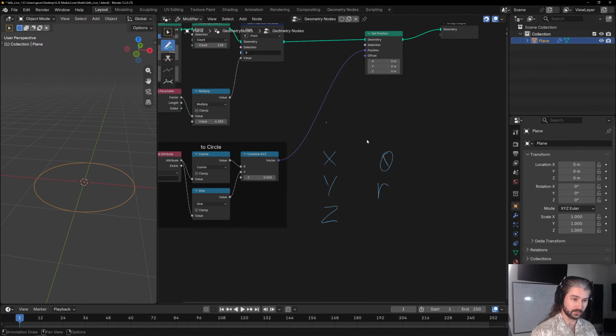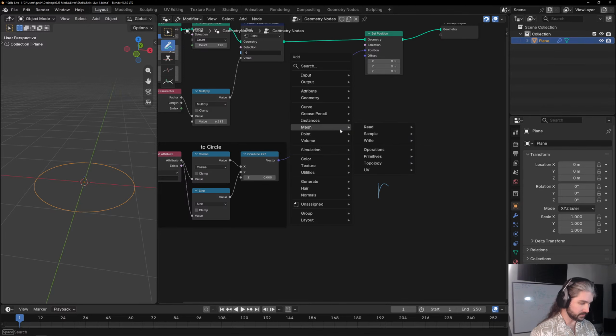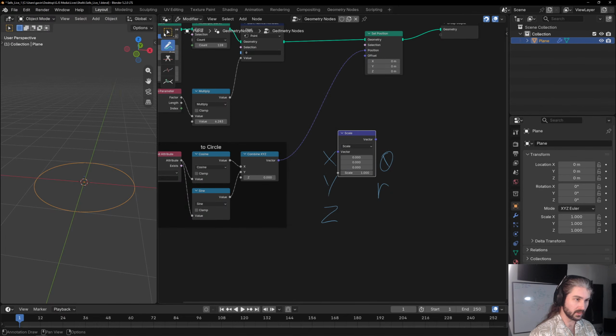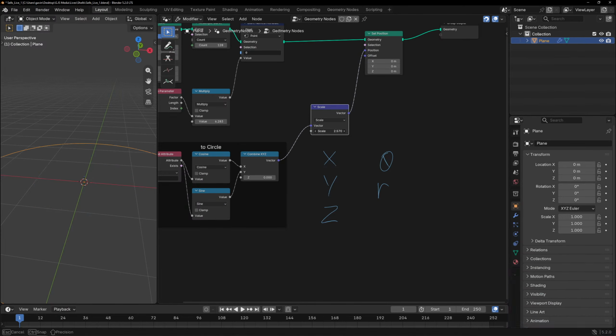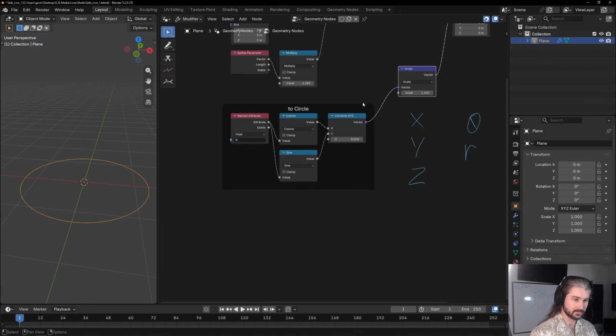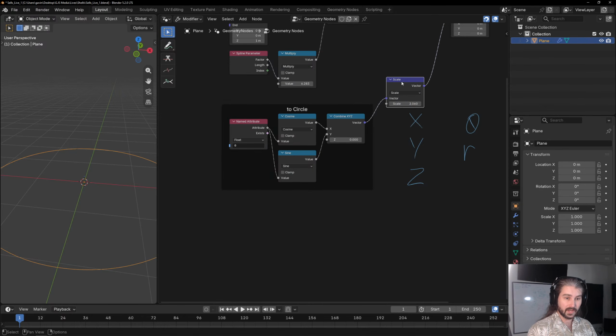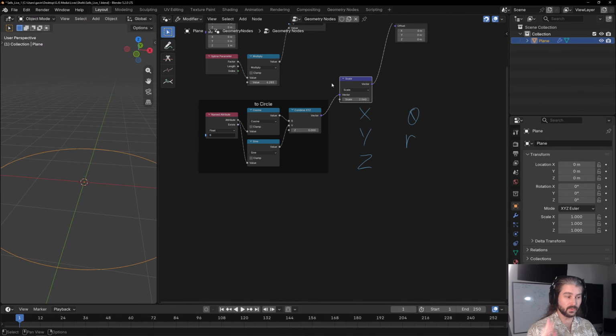So if we were to be proper about all of this, we would do a scale node and we could use this to then adjust the radius, right? So we have our angle here, we have our radius here, and now we can draw any circle we want to. Very fun. But if we want to do a spiral instead, we need some variable for our radius.